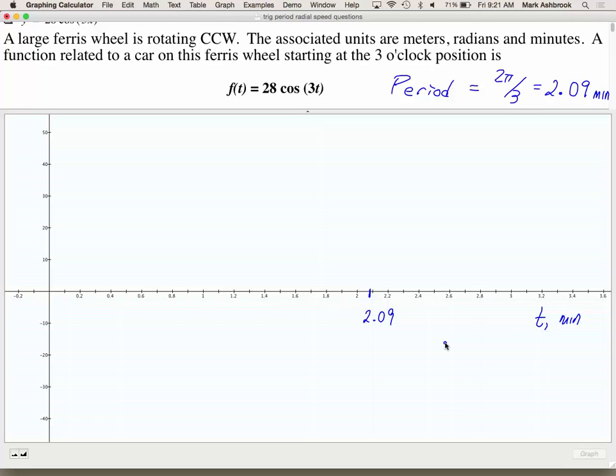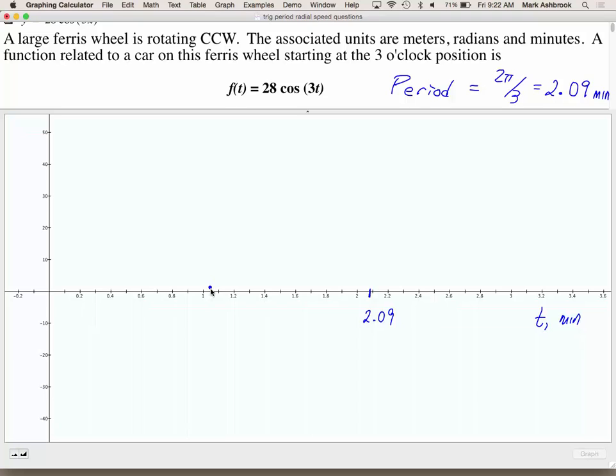So a full cycle, a full rotation, we divide it up into how many equal sections? 4, right? So we've got 4 quadrants. We're going to take 2.09 and divide by 2 first, and we'll get 1.04, or 1.05, 1.045.